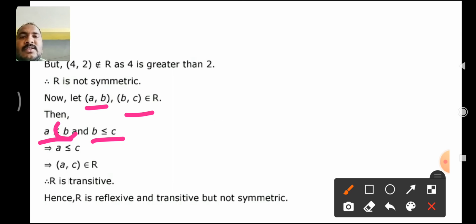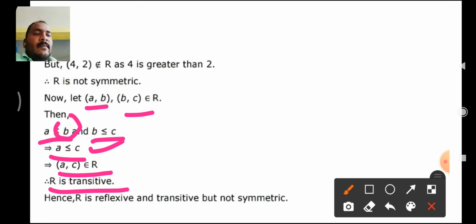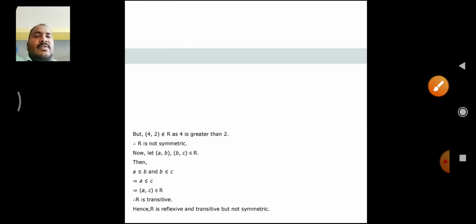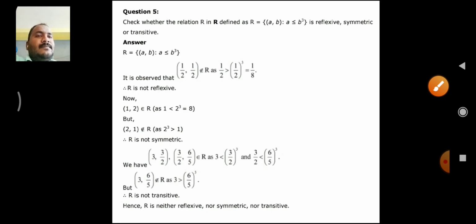Here this gives a is less than or equal to c, which shows that (a,c) belongs to R. Therefore, R is transitive. Hence we conclude that R is reflexive, transitive, but not symmetric. Next, move on to the next example.